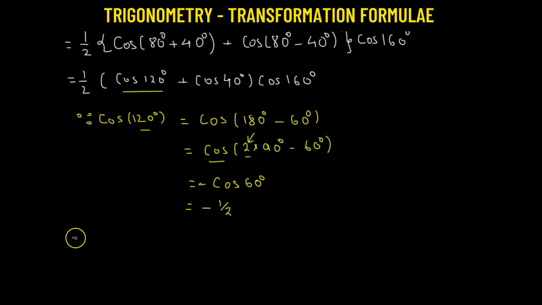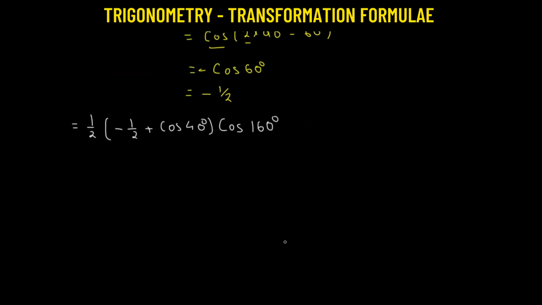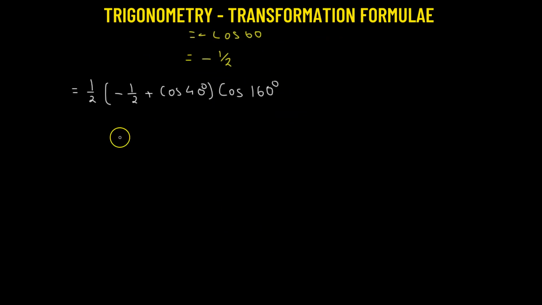So we should get half multiplied to negative half plus cosine of 40 degrees times cosine of 160 degrees. Now let's multiply cosine 160 degrees to each of the terms within the parentheses.